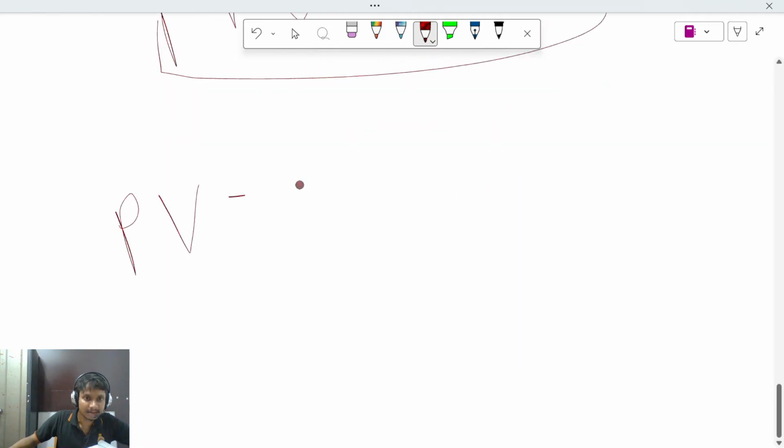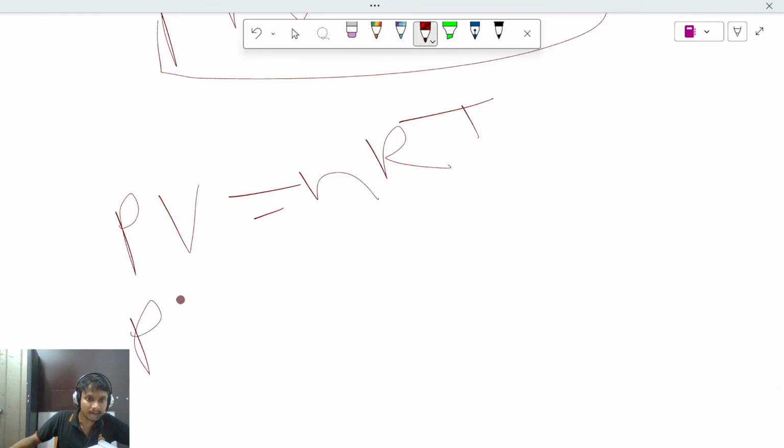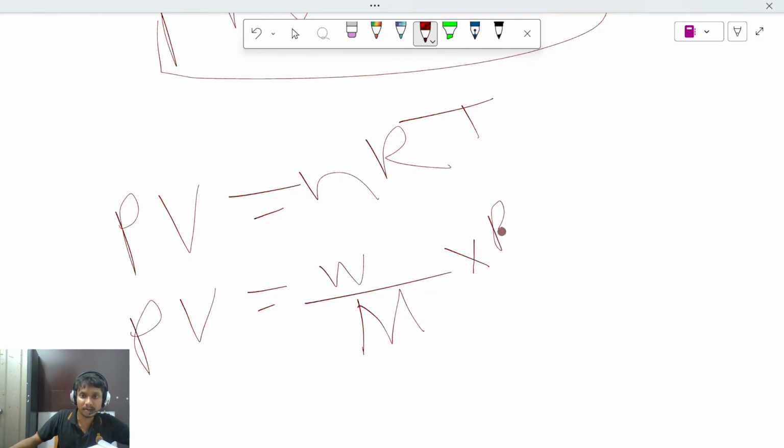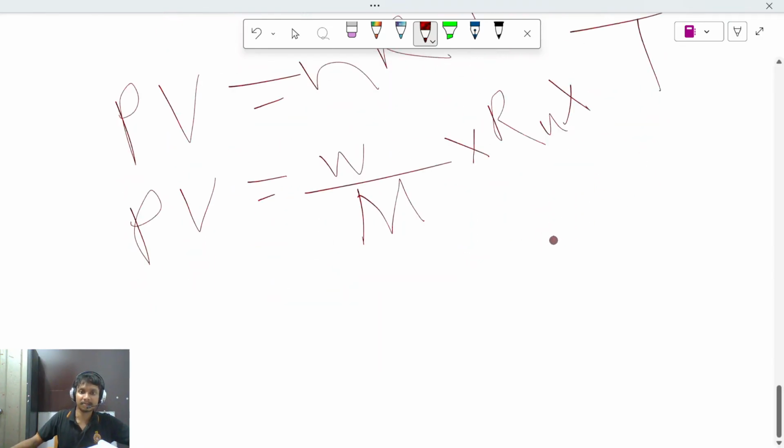We already know PV is equal to nRT. Here n is W over M. Mole is equal to mass divided by molecular mass, into R, the universal gas constant RU, into temperature in Kelvin.